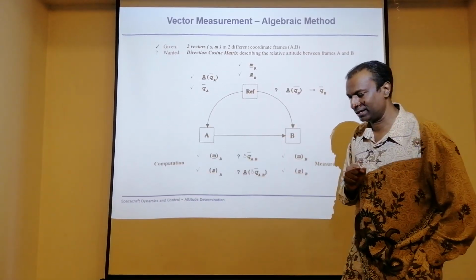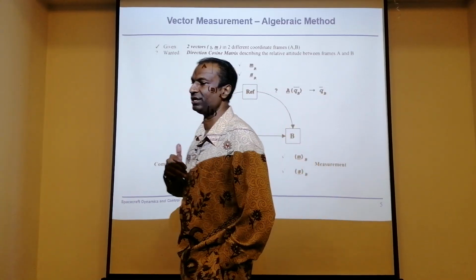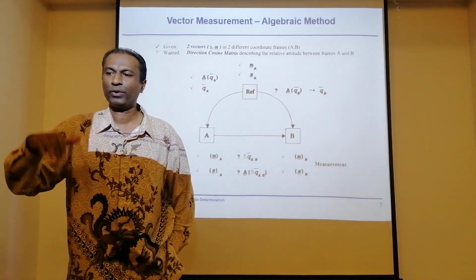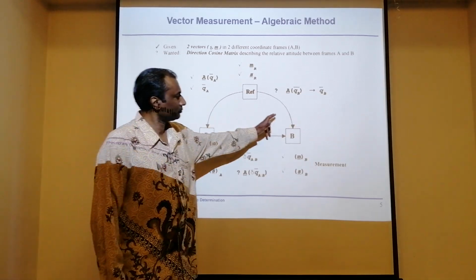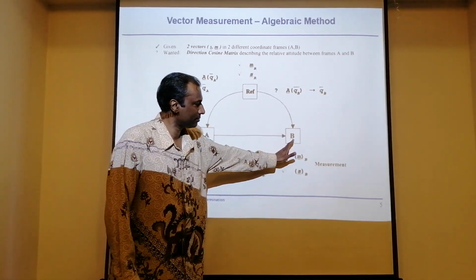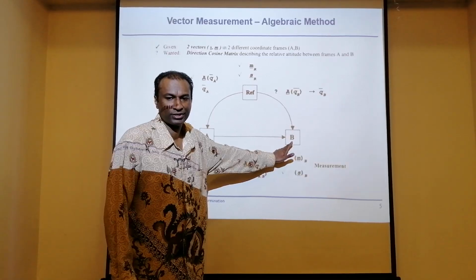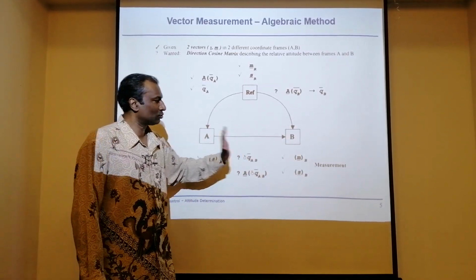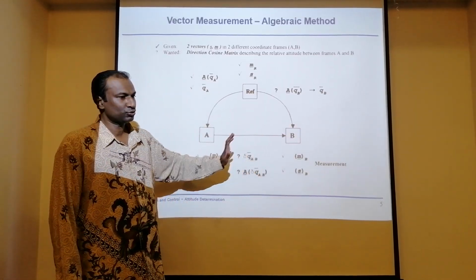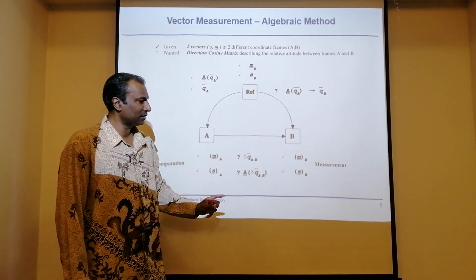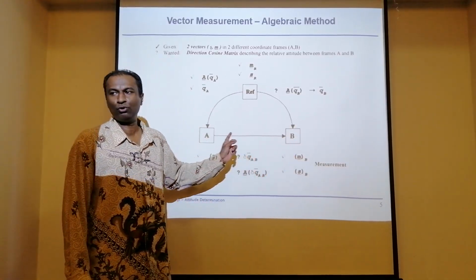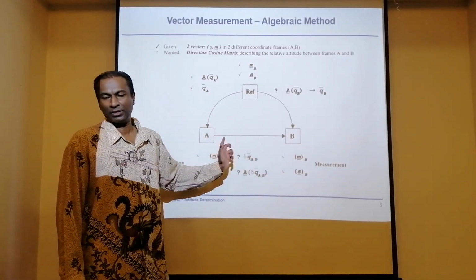Now remember, in kinematics, I have also introduced to you the rotation matrix: how can we rotate from one coordinate system to another coordinate system? In the exercise that we have done, you want to find how the body is with respect to local vertical, local horizontal.